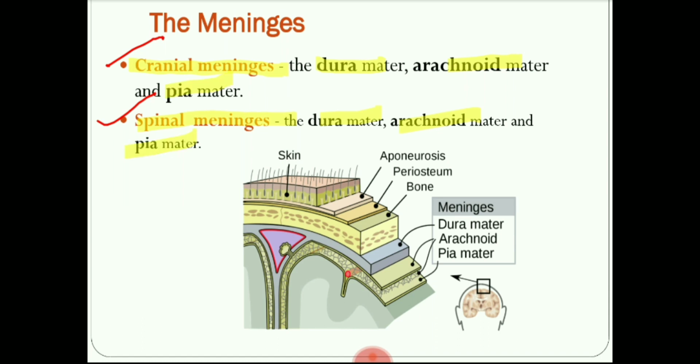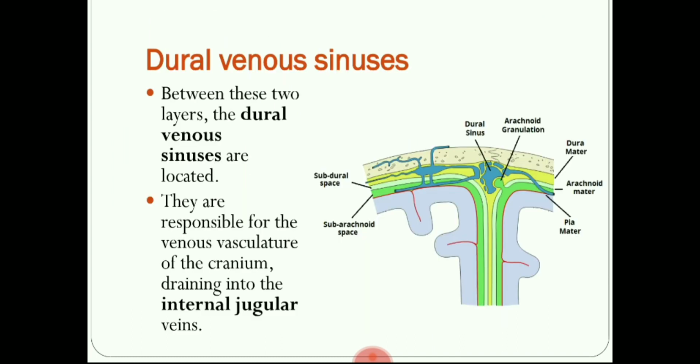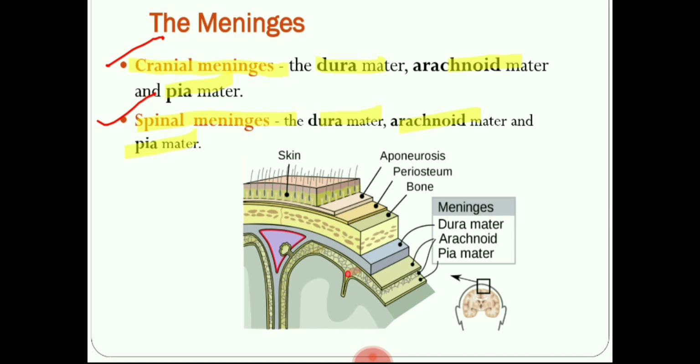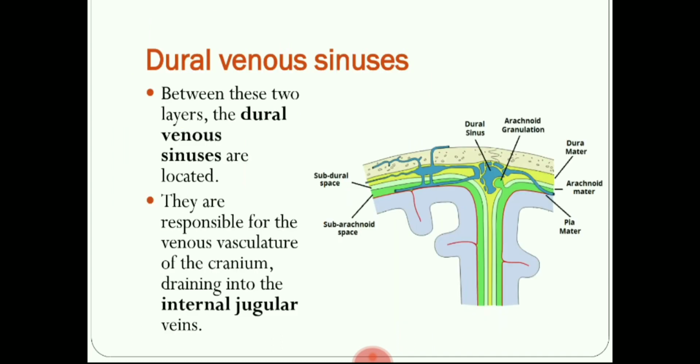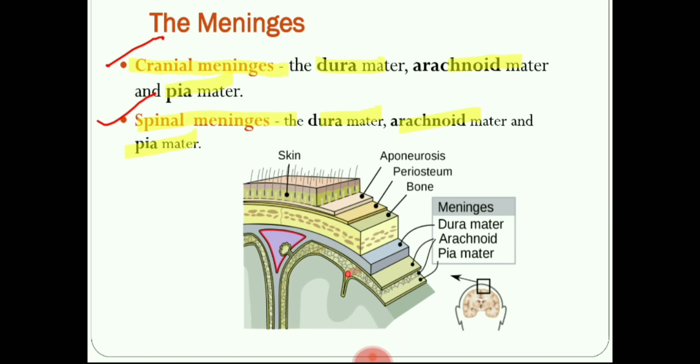Now look at this image. Here is a schematic diagram showing the region of the skull and cranium. Within the different layers of the scalp, that is within skin and the aponeurosis, there are cranial bones, and within the cranial bones there are three meningeal layers in between the brain tissue and the cranial bones.